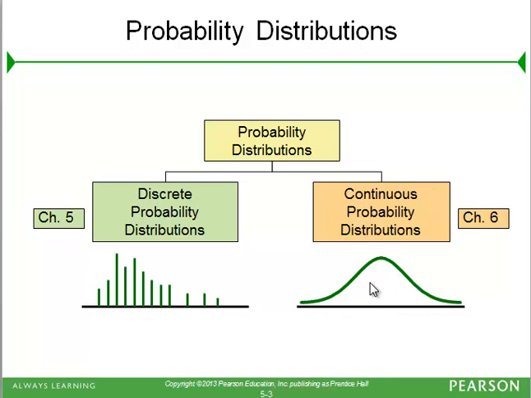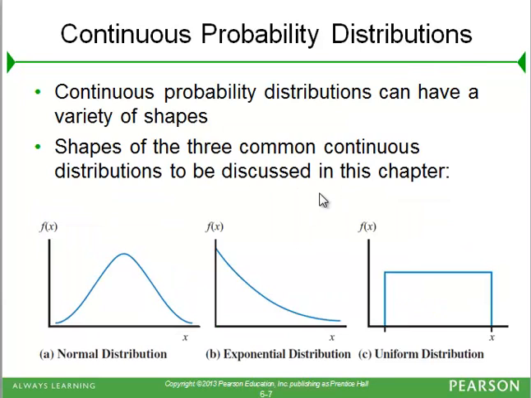Remember, it's represented by the area. There are several families of continuous probability distributions, with different shapes of distributions. In this class, we are going to focus on the normal probability distribution.